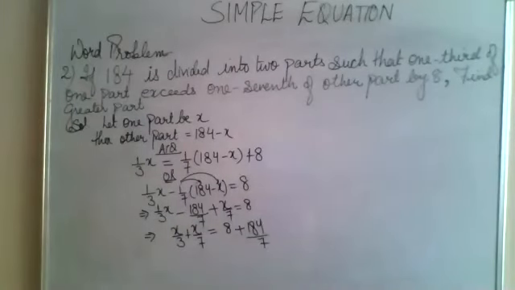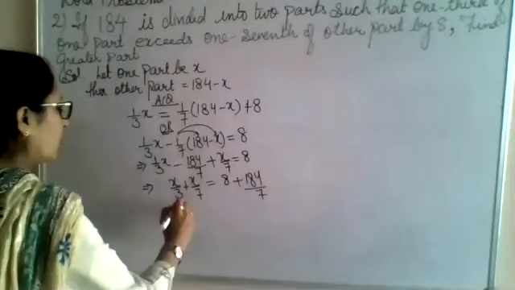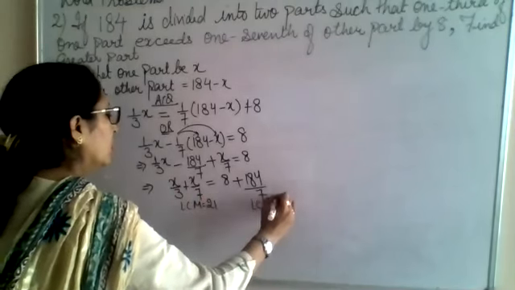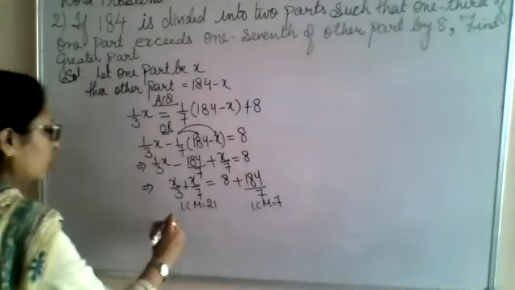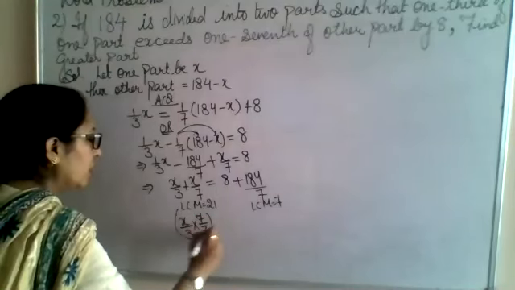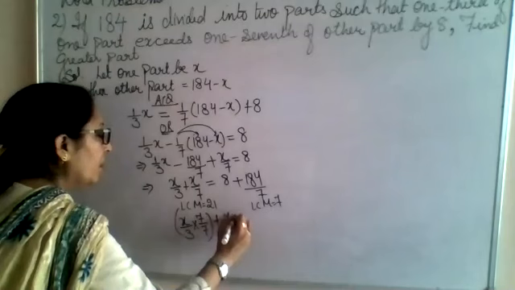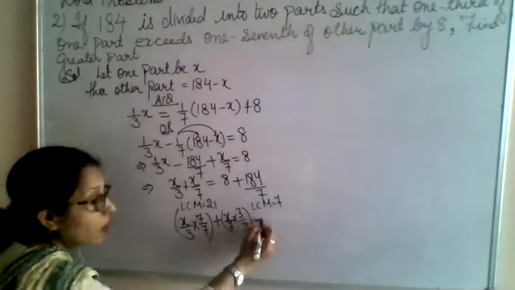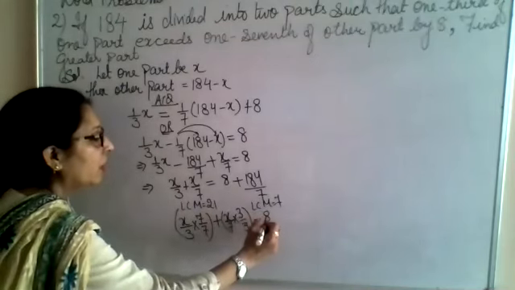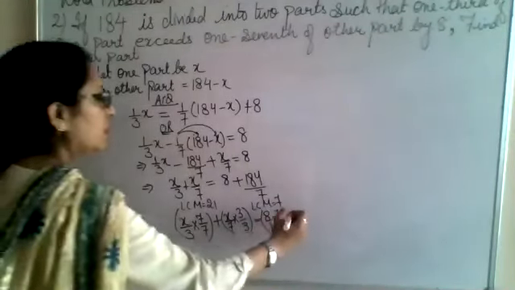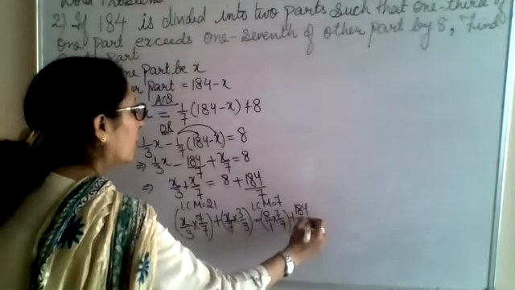Now make the denominator the same. The common denominator will be 21, and here it will be 7. So x upon 3 multiplied by 7 upon 7 plus x upon 7 multiplied by 3 upon 3 equal to 8 upon 1 times 7 upon 7 plus 184 upon 7.